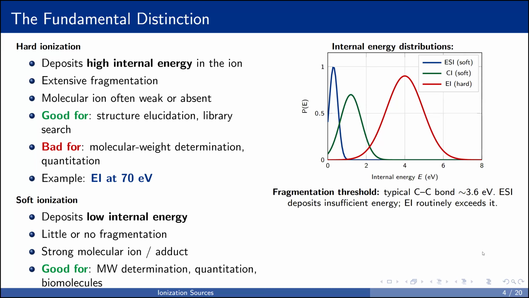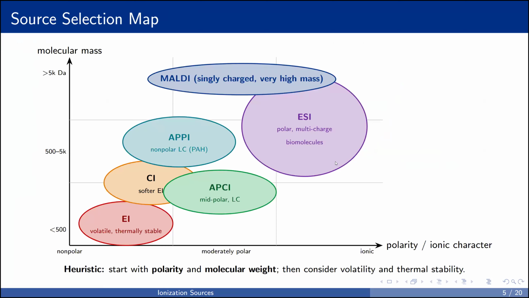The ESI distribution doesn't even reach that threshold. Essentially, no fragmentation occurs. The EI distribution sits well past it, so fragmentation is the rule, not the exception. Everything else in this lecture is essentially an application of this one idea.